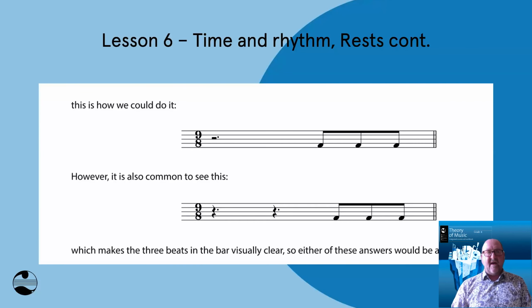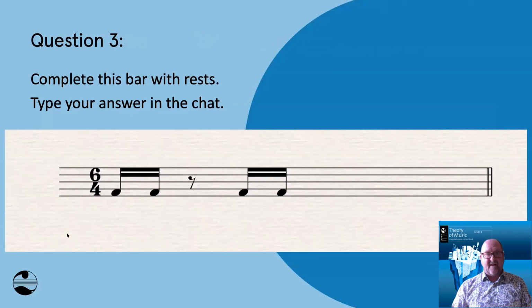All right, so now let's hit the really fun stuff. We've got another quiz question here. I'll have to explain this one. We want you to complete the following bar with rests, but we're going to need you to type your answer into the chat.